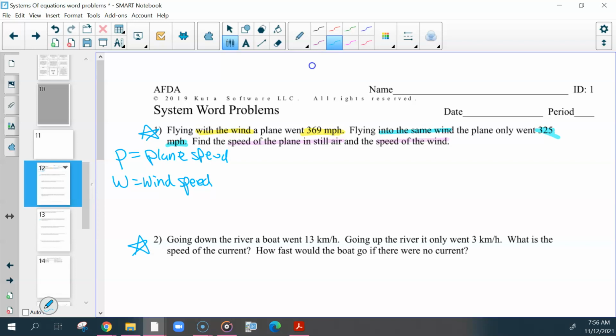And we know these two totals, 369 and 325.